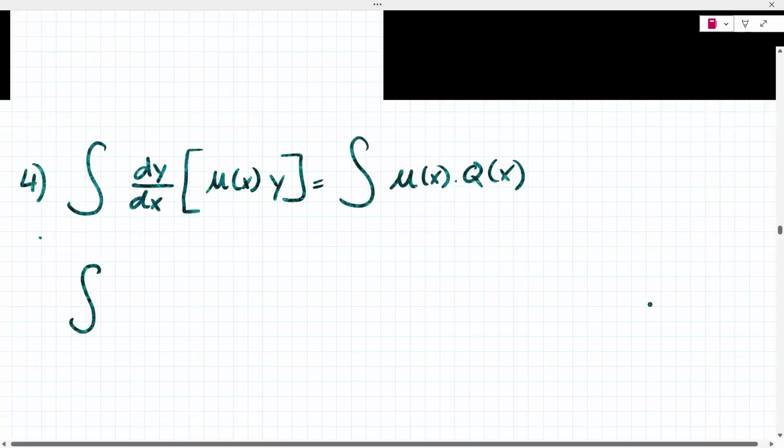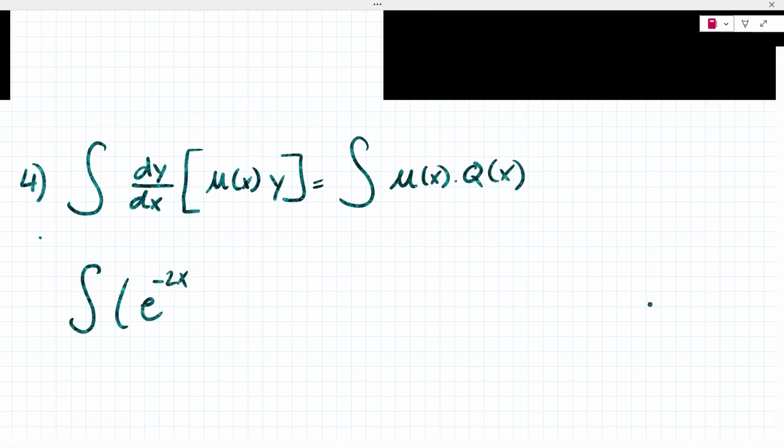So on the left side, it's the integration of e to the negative 2x y prime, and on the right, the integration of x squared plus 5 e to the negative 2x dx.